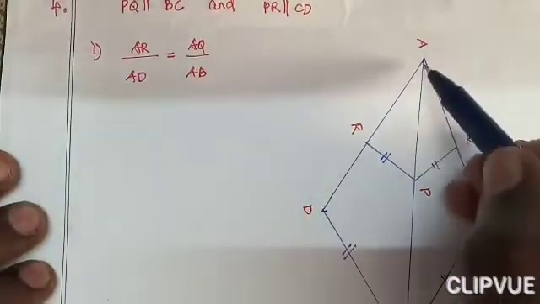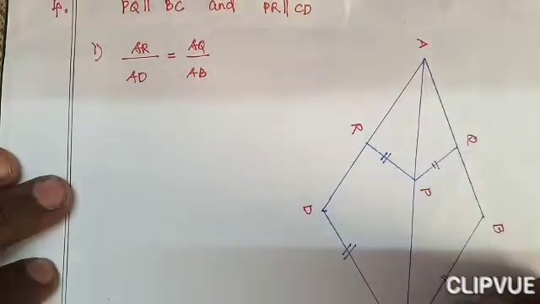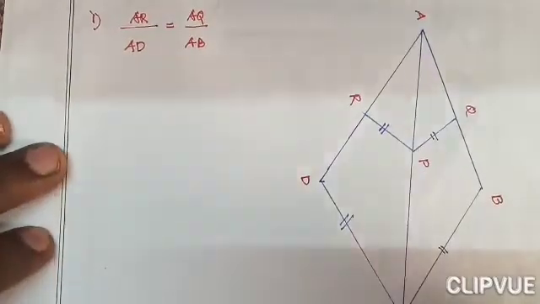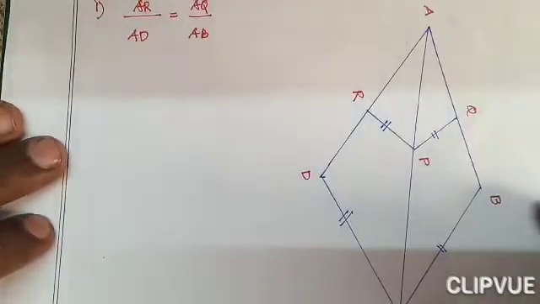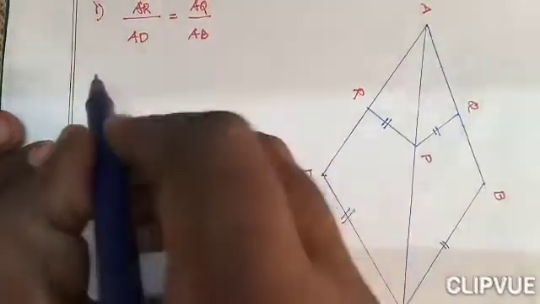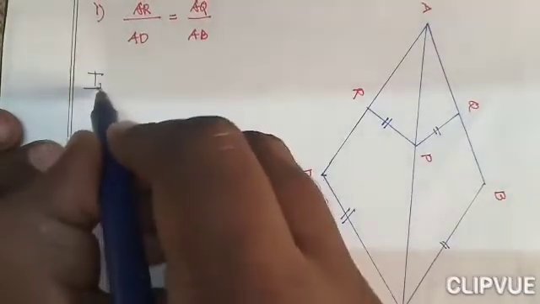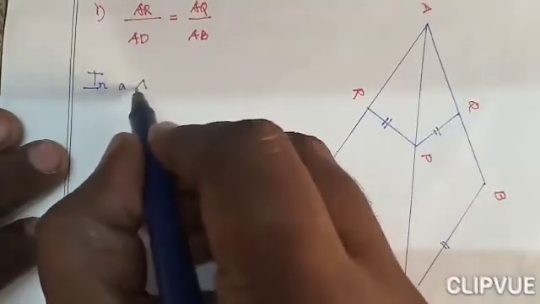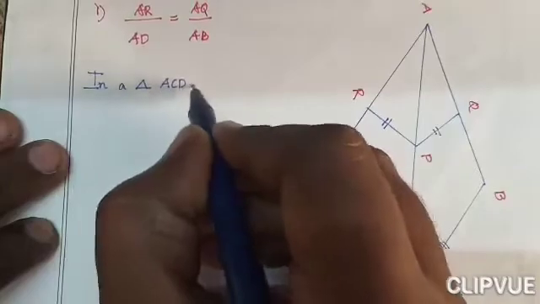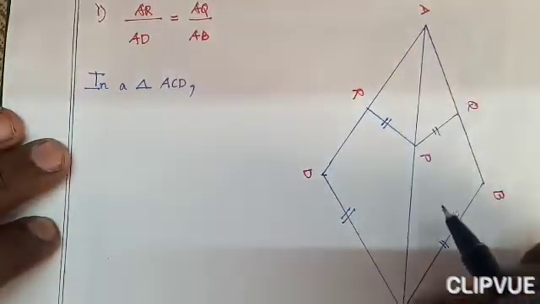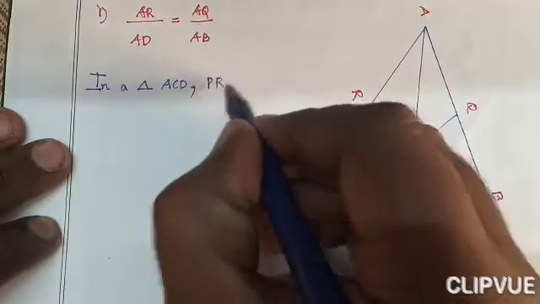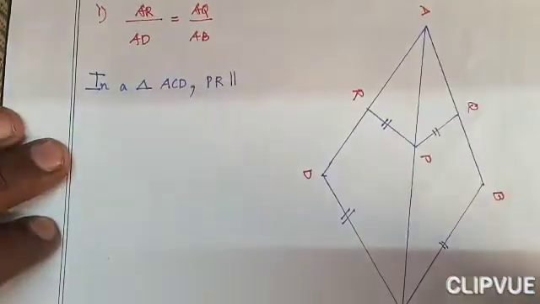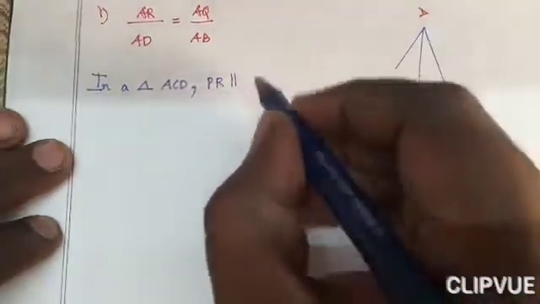So if you take the triangle ACD, listen carefully, the left hand side triangle ACD, in triangle ACD, this PR is parallel to CD.